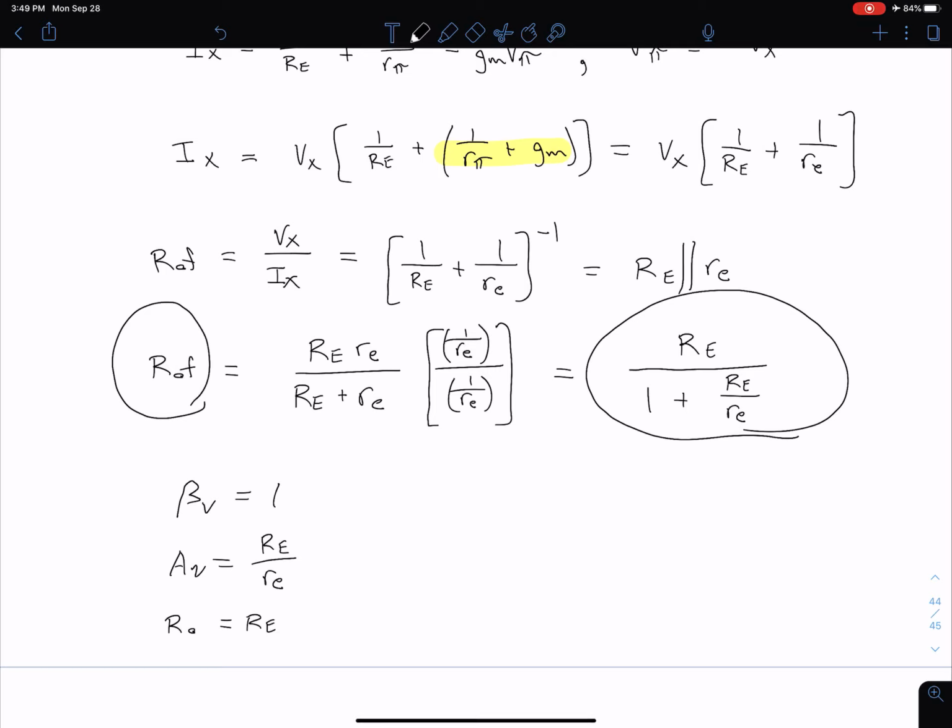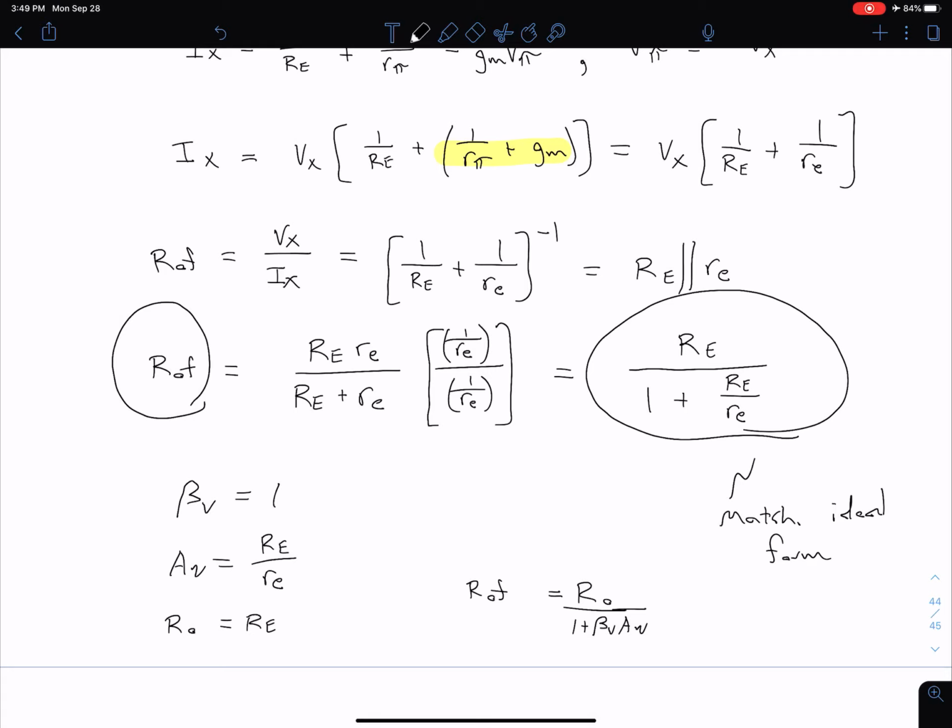And so this then is going to match our ideal form. So this matches the ideal form, which as you recall is that this output resistance with feedback is equal to our initial output resistance divided by 1 plus beta v A v for our voltage amplifier.